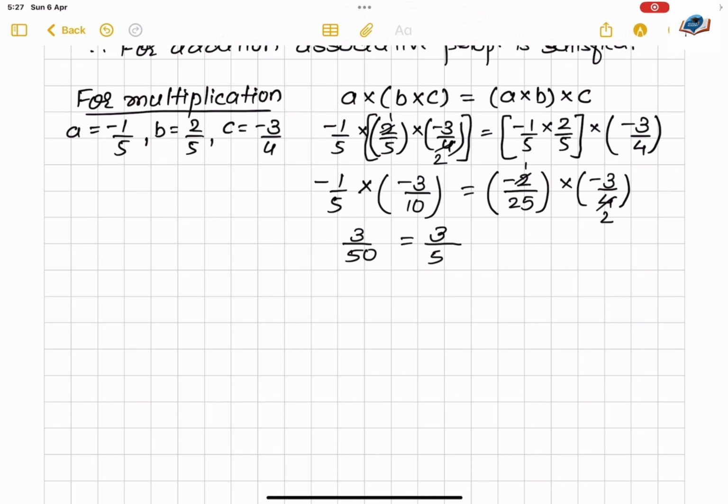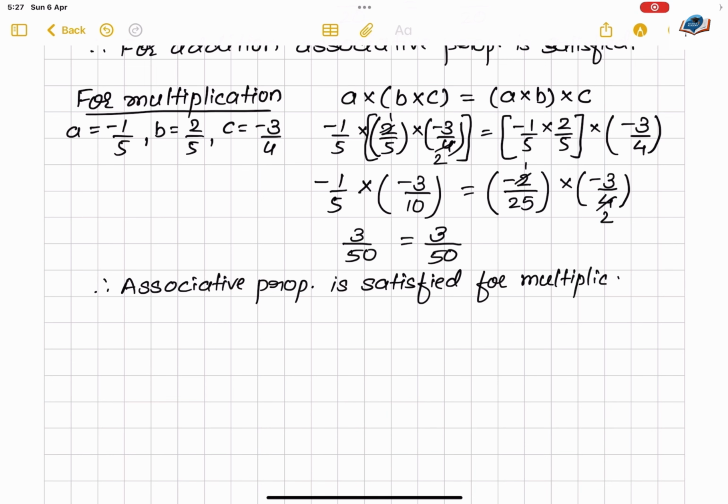So I can say therefore the associative property is satisfied for multiplication. Again, for division, it won't be satisfied because if I divide, it won't come the same. So we are not doing that now.